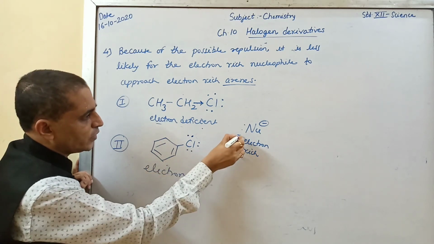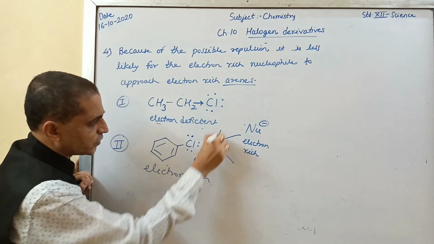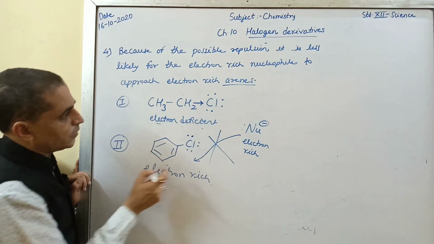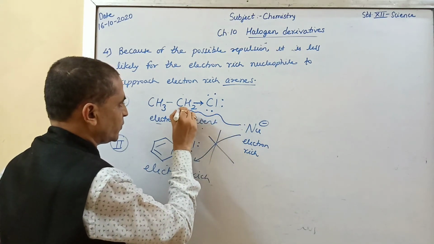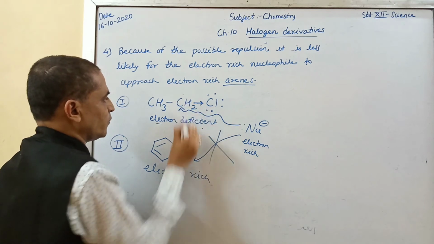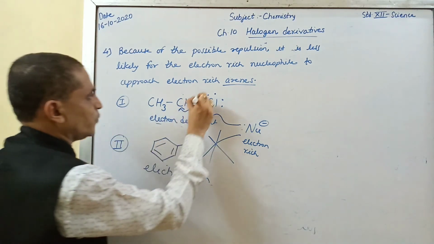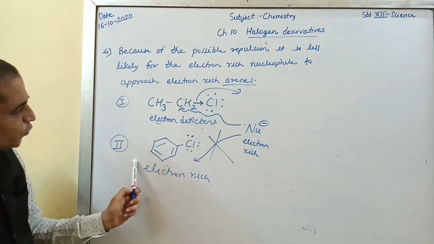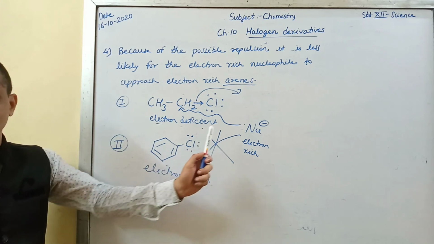So the nucleophile is not interested to attack electron rich aryl halides. It can easily attack the electron deficient group, that is CH3CH2, and the chlorine will be removed. Therefore aryl halides are less reactive towards nucleophilic substitution reactions.